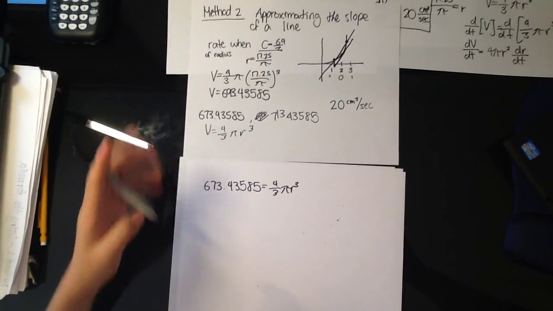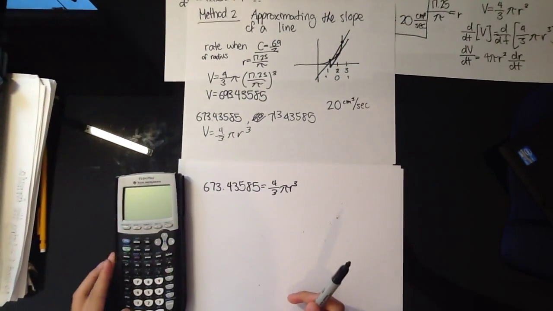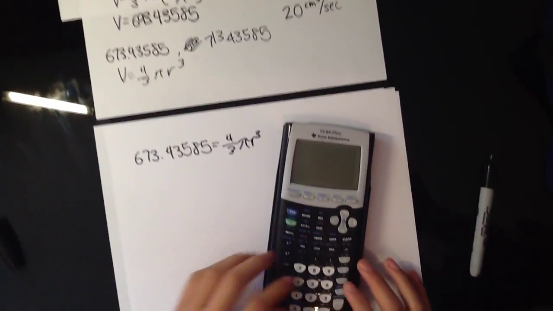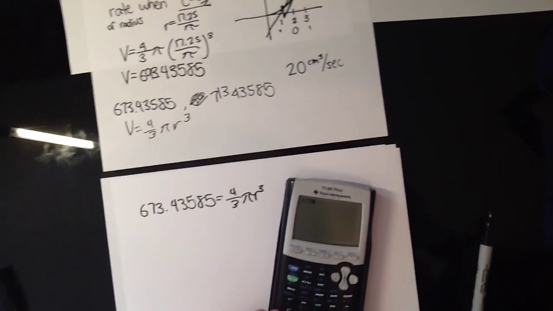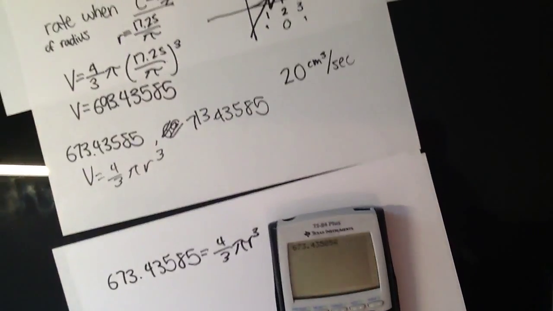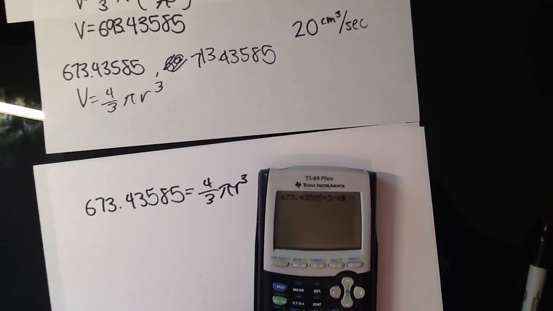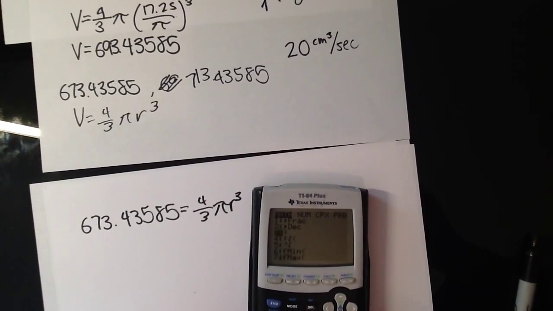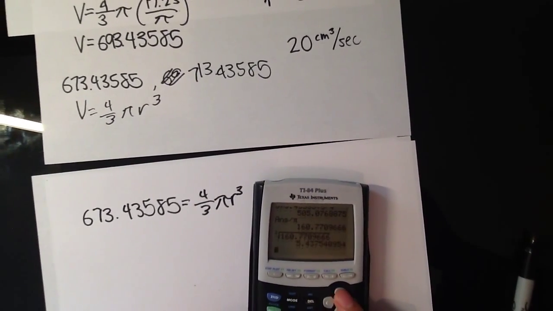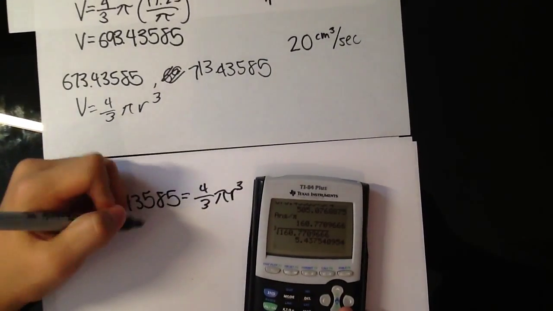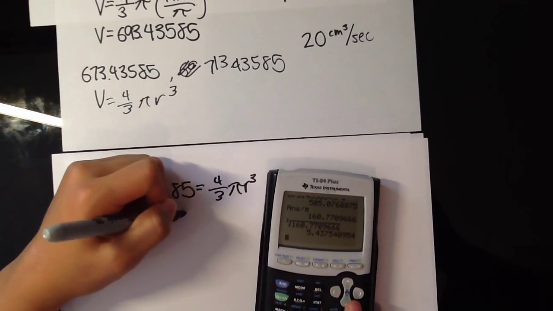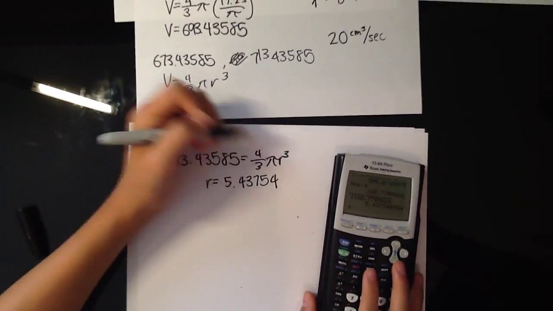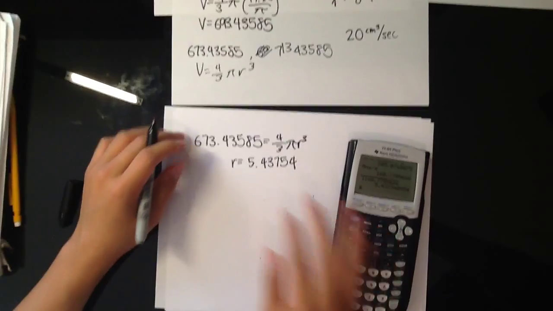And when you do that, you get, let me calculate, 673.43585 times 3/4 divided by pi, and then you have to find the cube root of that. And so that's going to give me r equals 5.43754, because I went to 5 decimal places.